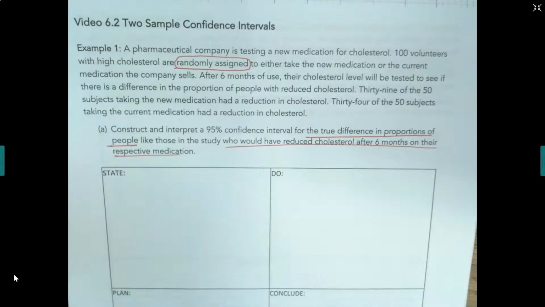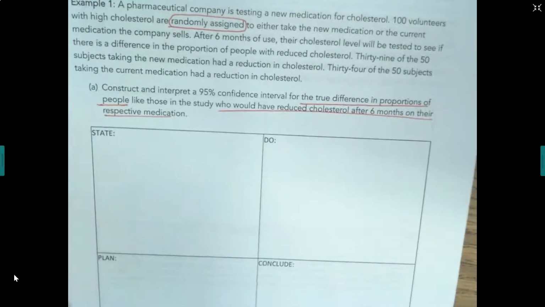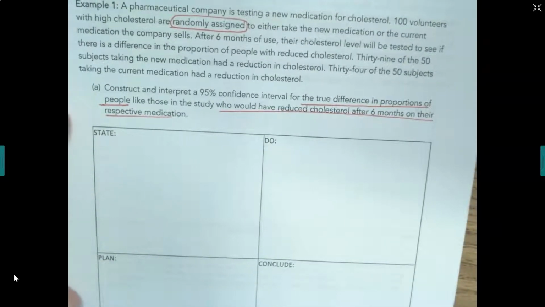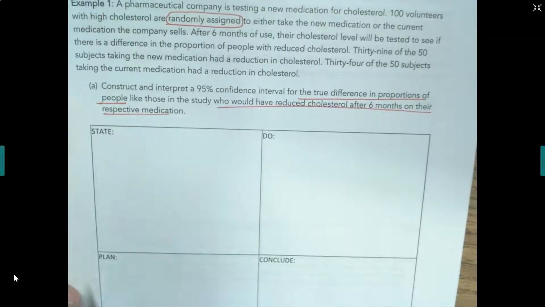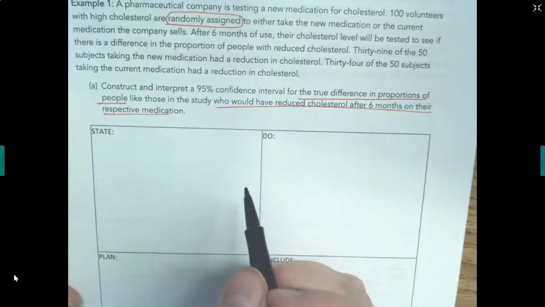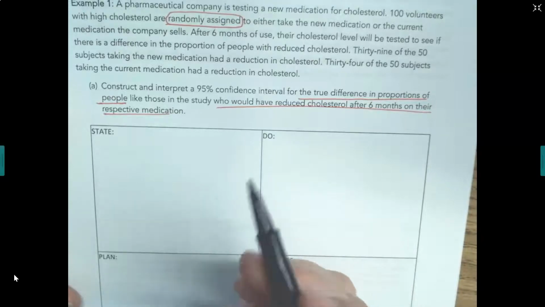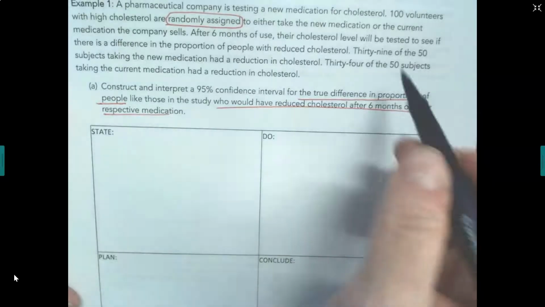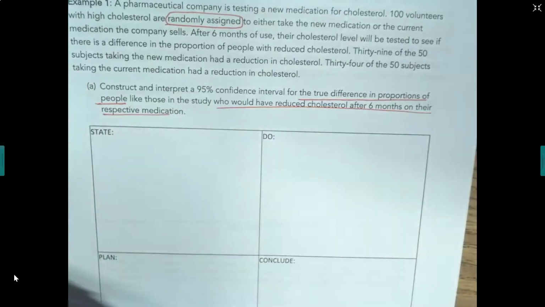In our state, that's where we're going to define our parameters and put our confidence level like we discussed in the last video. So our parameters, we're looking for a difference in proportion, so we need to make some decisions here. When I was reading through, a lot of times I'll write these down as I'm reading through what information the problem is giving me.